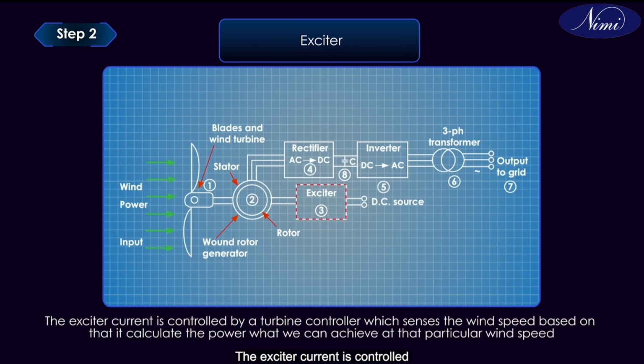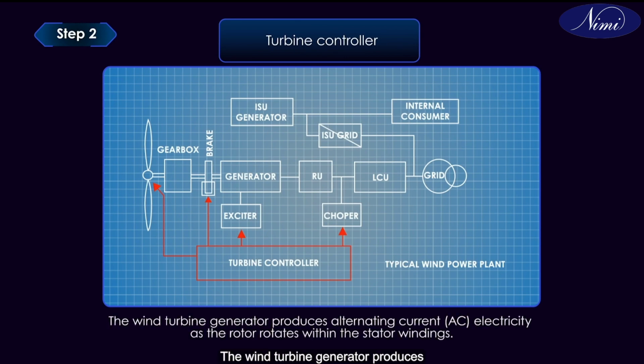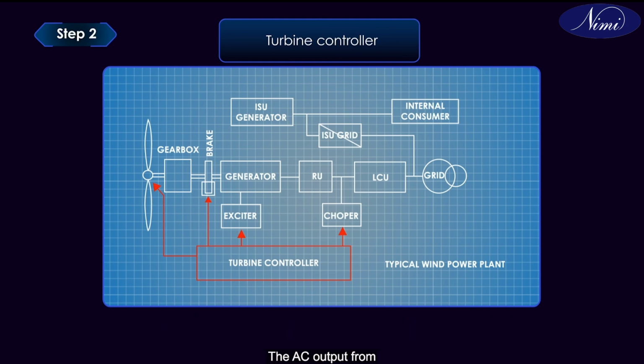Exciter. The exciter current is controlled by a turbine controller which senses the wind speed. Based on that, it calculates the power we can achieve at a particular wind speed. Turbine controller. The wind turbine generator produces alternating current, AC, electricity as the rotor rotates within the stator windings. The AC output from the generator may have varying voltage and frequency depending on wind conditions and turbine speed.